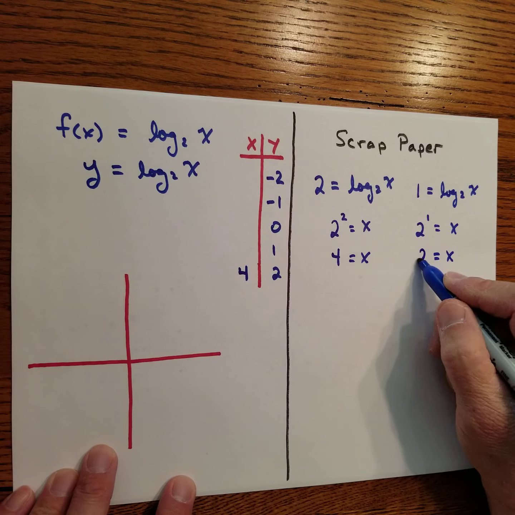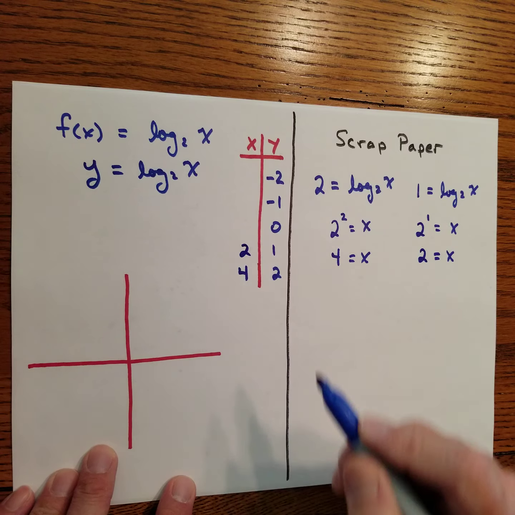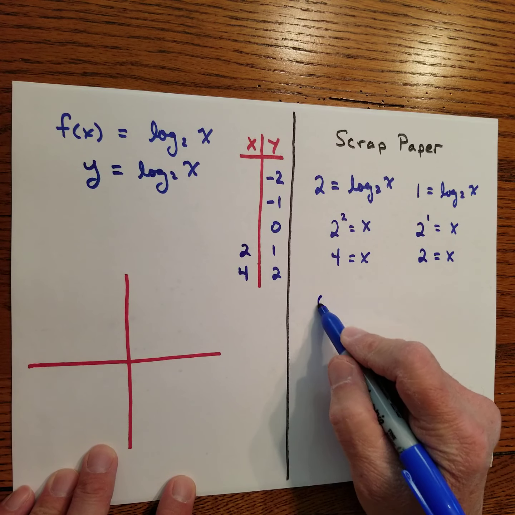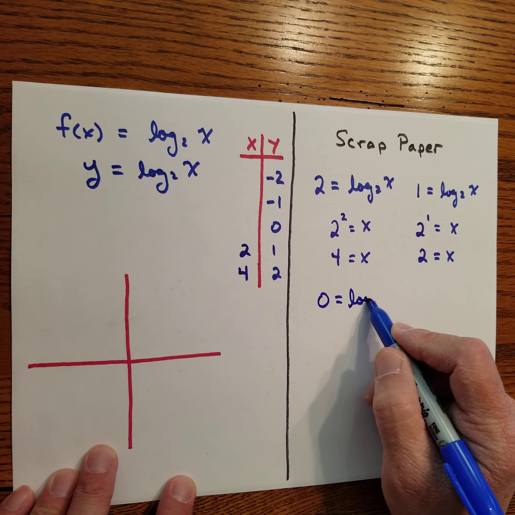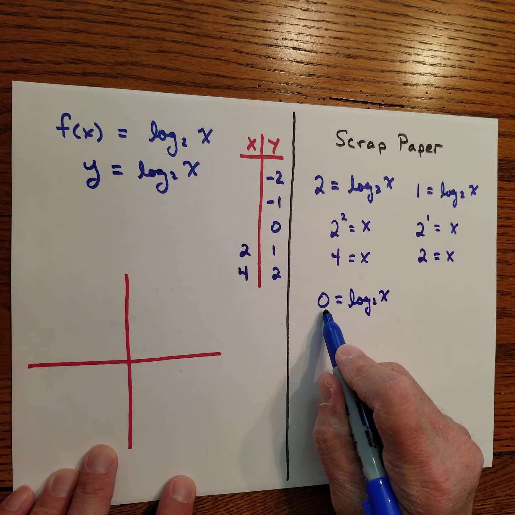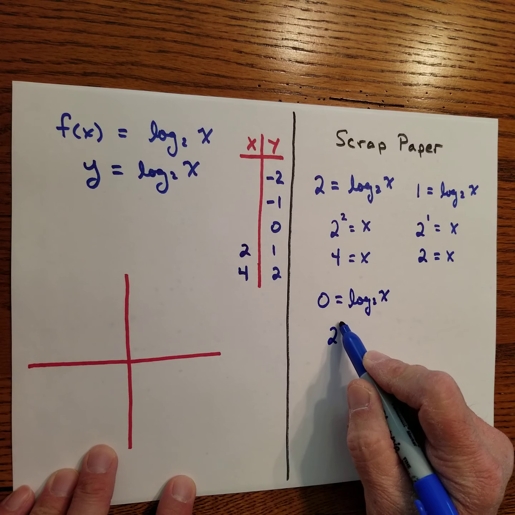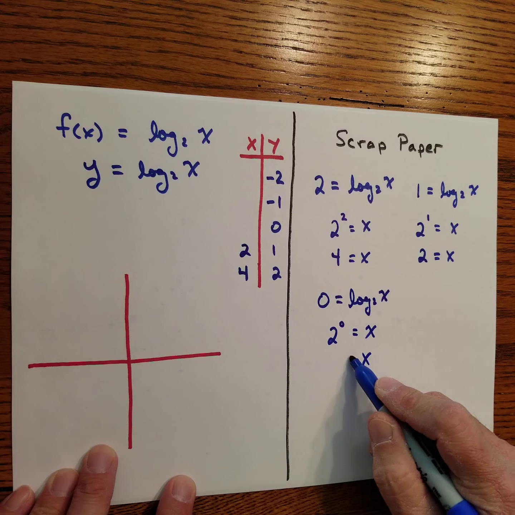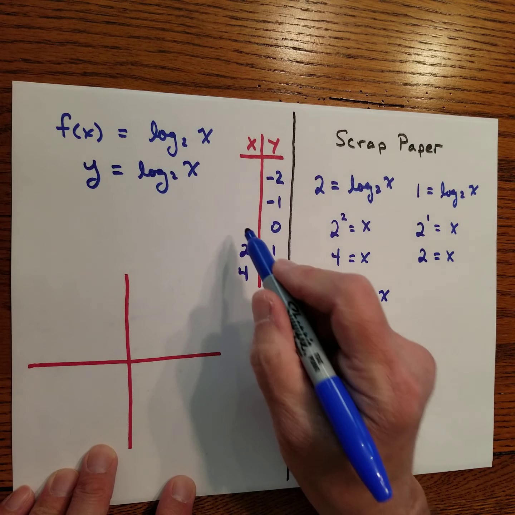Anything to the first power is just itself. Plug in 0 for y. Then 0 is the exponent that goes on that 2. But anything to the 0 power is 1.